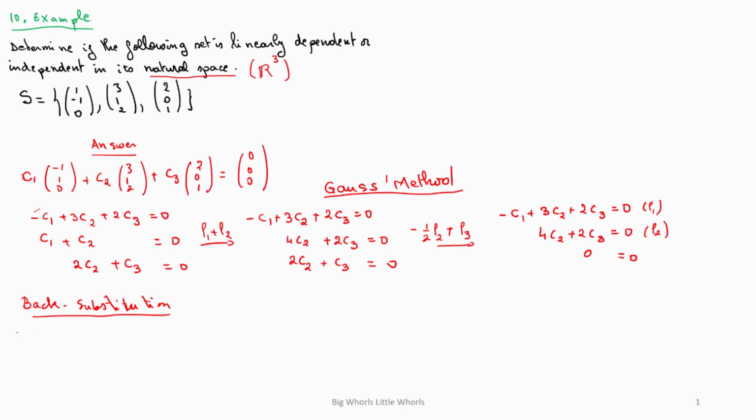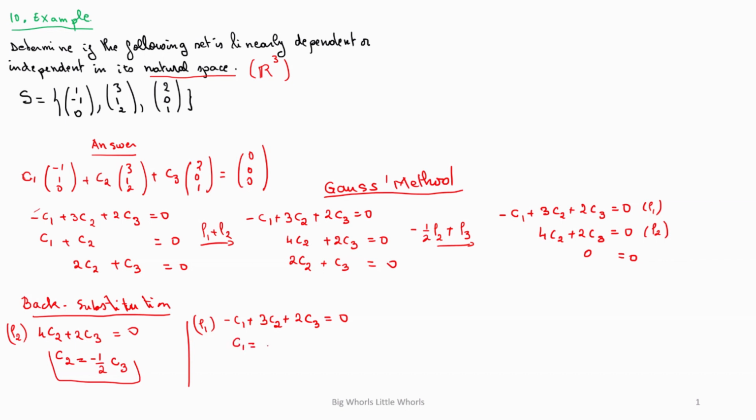Let's parameterize the solution set from row 2. We have 4C2 + 2C3 = 0, which means C2 = -1/2 C3. Now let's substitute that into row 1, where we have -C1 + 3C2 + 2C3 = 0.